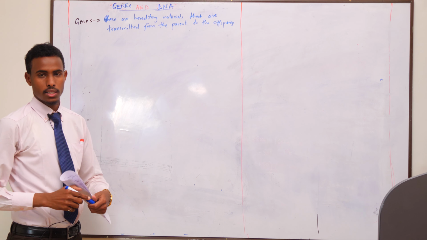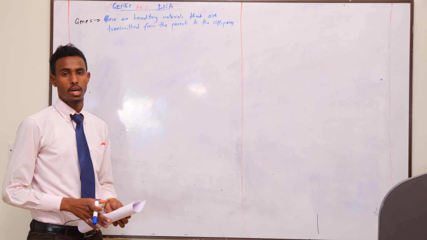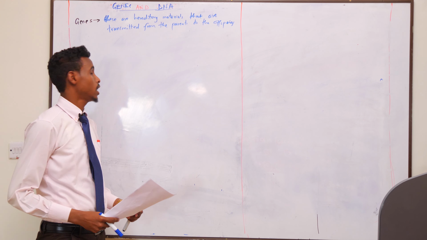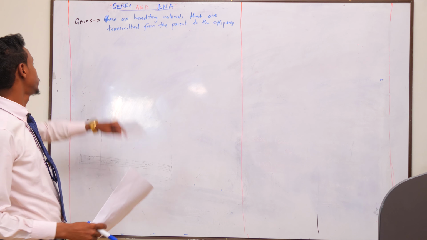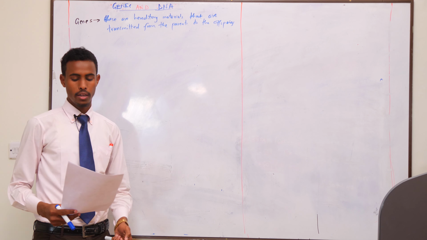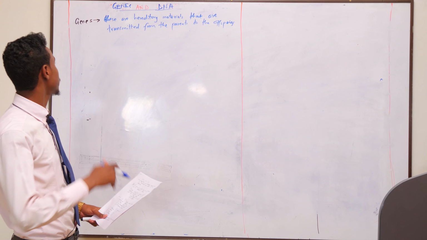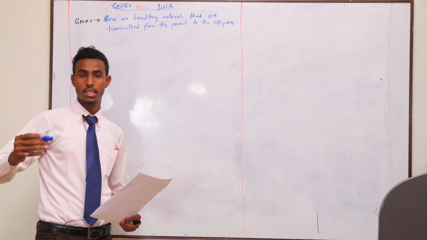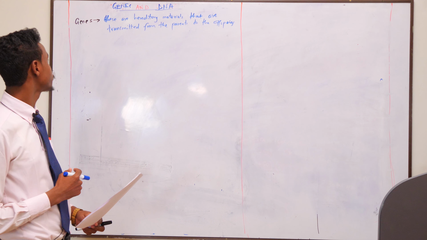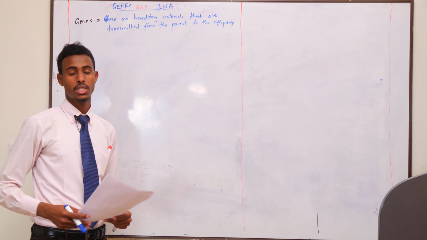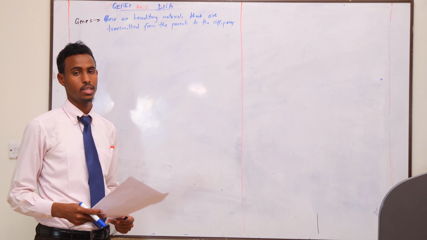As you all know, learners, in the first lesson of this chapter, we discussed the commonly used terms in genetics, and one among them was the gene. The genes are hereditary materials that are transmitted from the parents to the offspring, right? Because you know that the genes are the structures which carry the characteristics of the organisms.